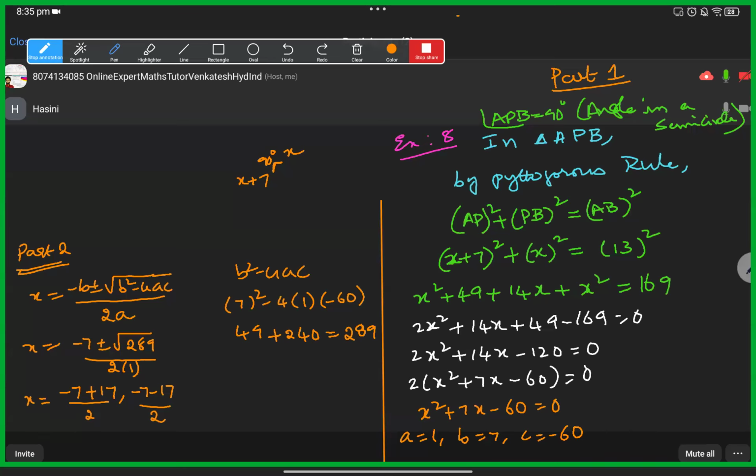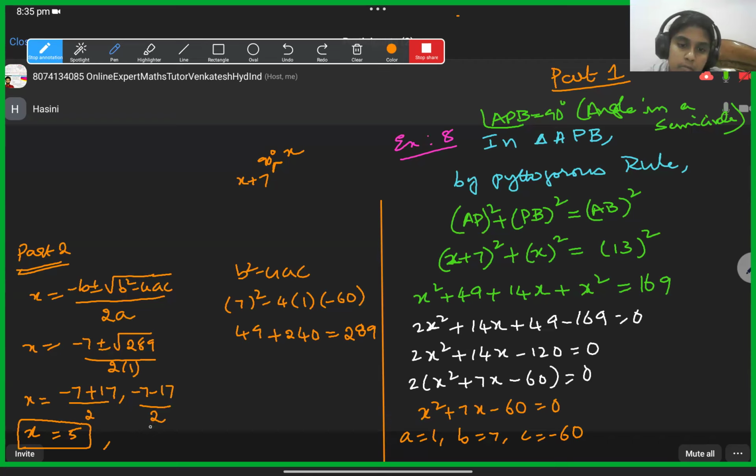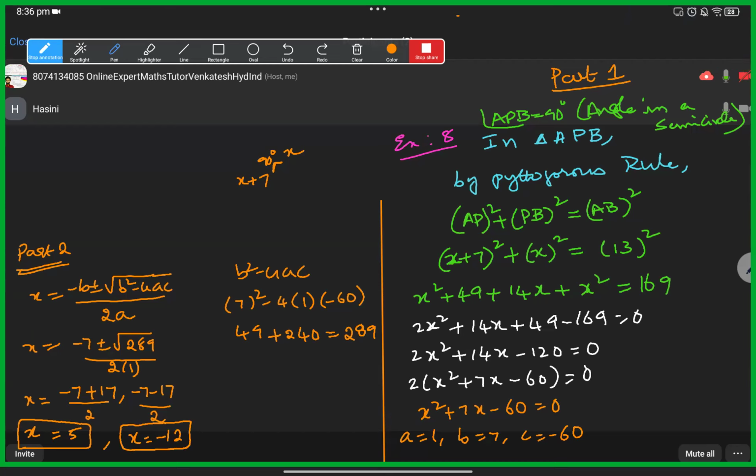So I wrote two values there. Why? Because once plus 17 we should take and another minus 17. So x is equal to 17 minus 7, 10 by 2, 5, comma, minus 17 minus 7, minus 24 by 2, minus 12. Since x is some distance here in the figure, this is correct and this is not possible.